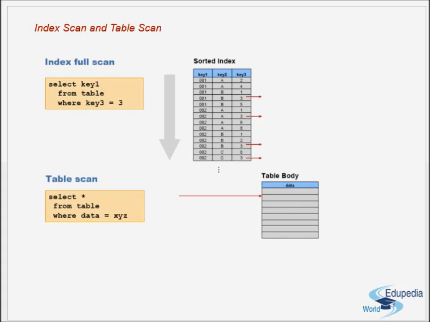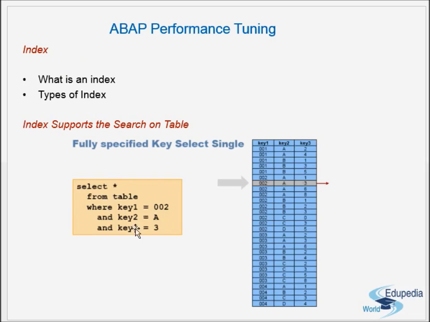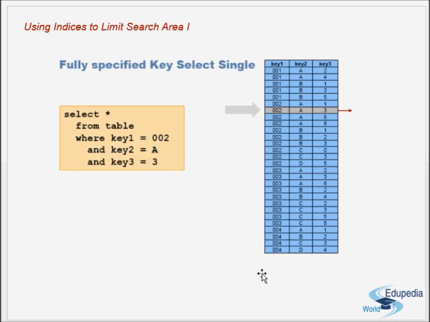Just remember, depending upon the columns we mention in the where clause, the order in which we mention them, and how many columns we mention, the search goes accordingly. Here we have given all the keys, so it's a single select because it's a fully specified key.